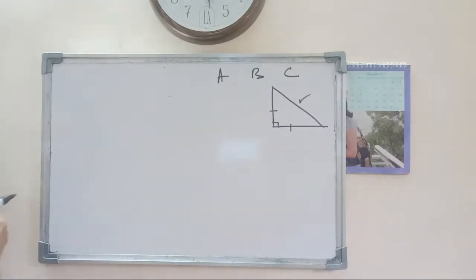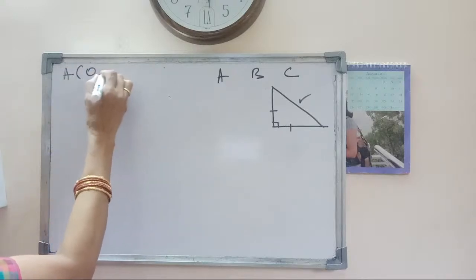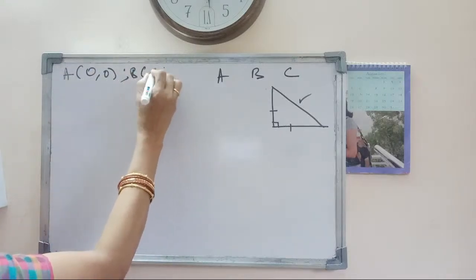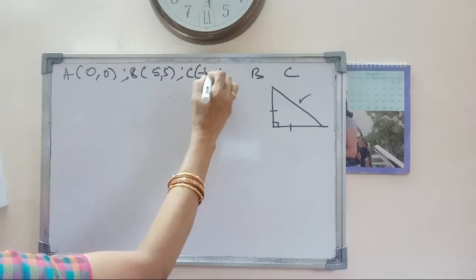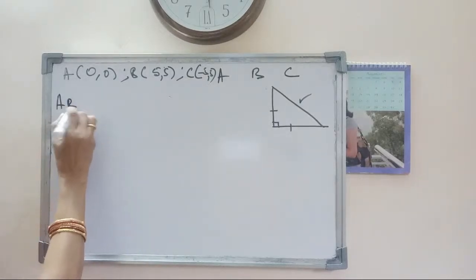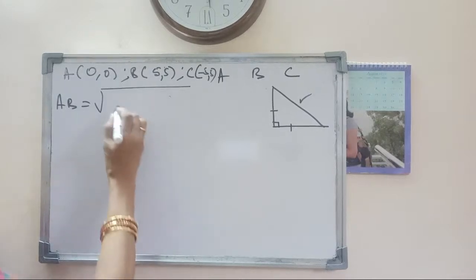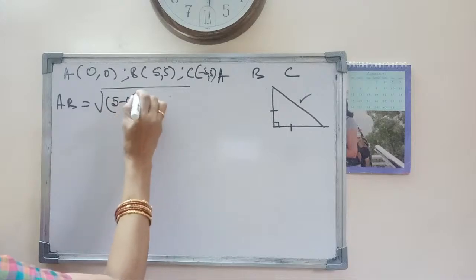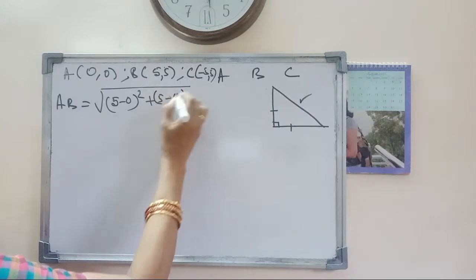So I'll give the values: A is (0, 0), B is (5, 5), and C is (minus 5, 5). Now let us calculate, first taking the first two sides with the distance formula. Write the distance formula once in the beginning: root of (x2 minus x1) whole square plus (y2 minus y1) whole square.